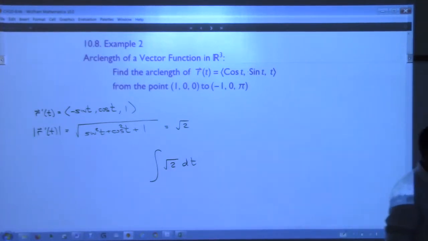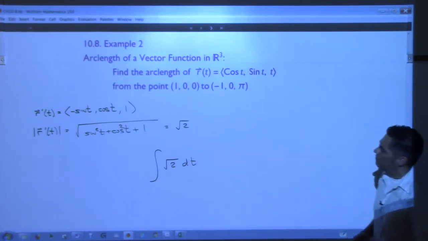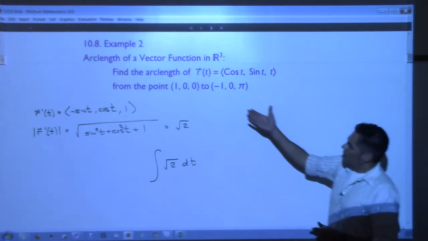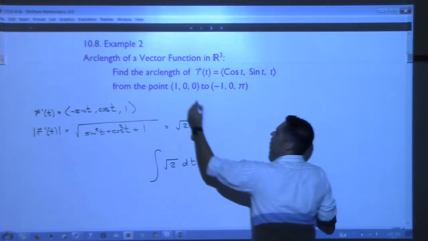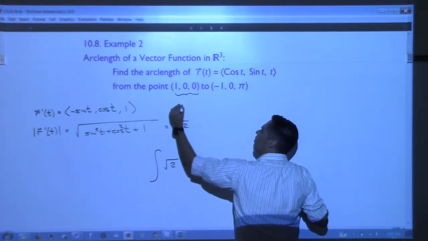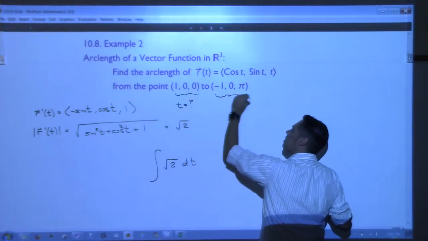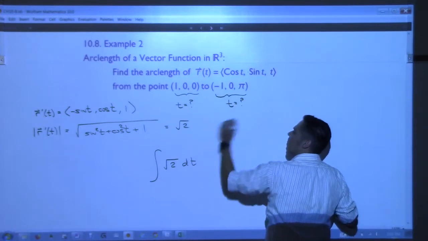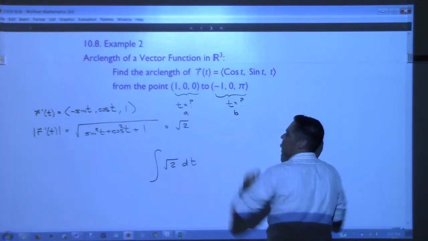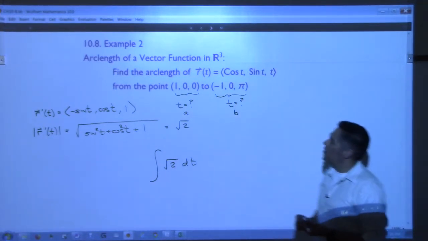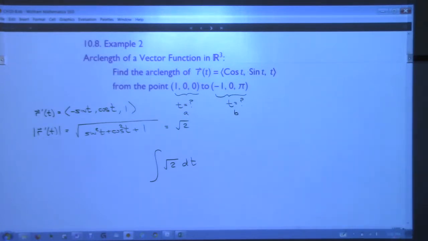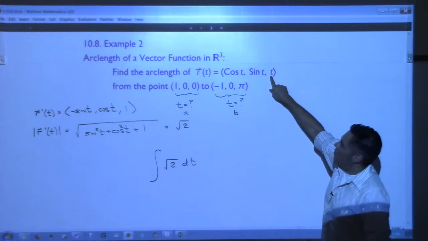But what are my limits of integration? 0 and pi. Okay, so where's that coming from? The z component of the point. You have to figure out what t needs to be to give me that point, and what t needs to be to give me that point. And this will correspond to a and b on our limits of integration. So again, this function is easy to look at and tell, because I gave you the last component is t.